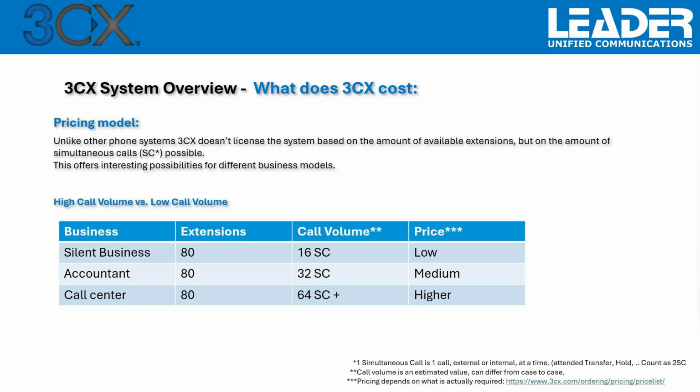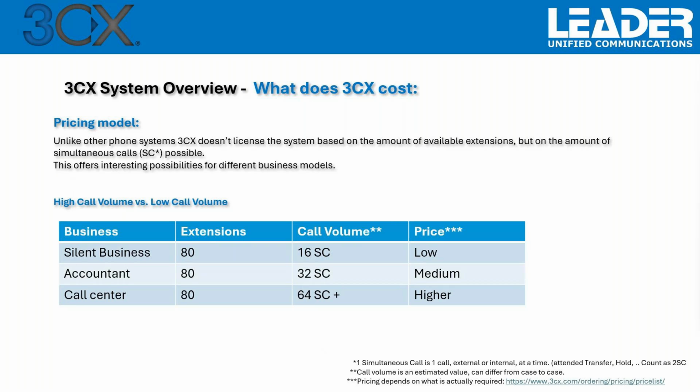They could get around with 16 simultaneous calls, which means 16 calls at the same moment. That can be an extension calling another extension. That can be 8 outbound calls and then, for example, 7 inbound calls and 1 call between 2 extensions. However, the maximum amount of simultaneous calls that can be done on the system is 16.